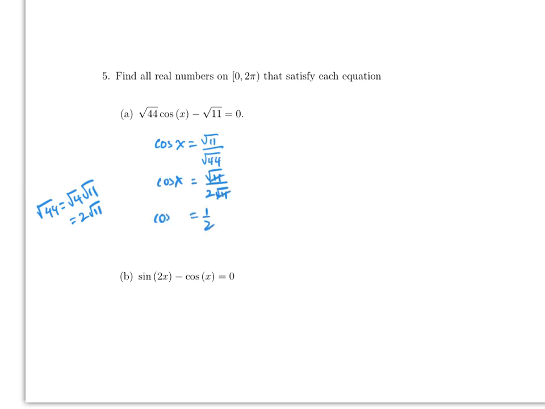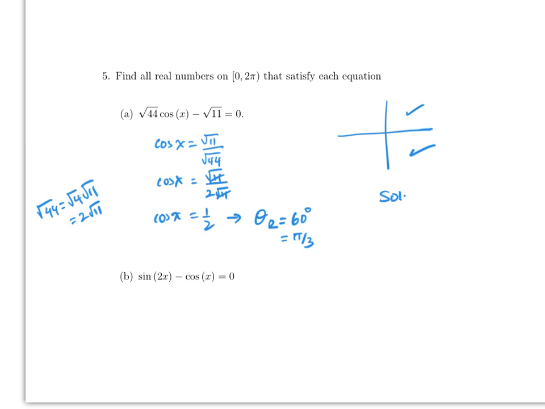Now, this is one of the special triangles that we have done hundreds of times. But in case you forgot, remember that cosine is positive here and here. So if cosine of theta is 1/2, that means the reference angle has to be 60 degrees or pi over 3.